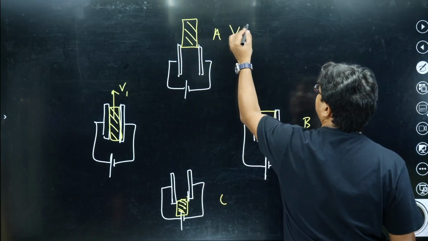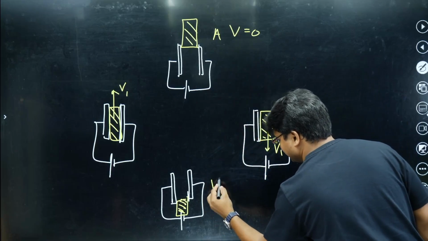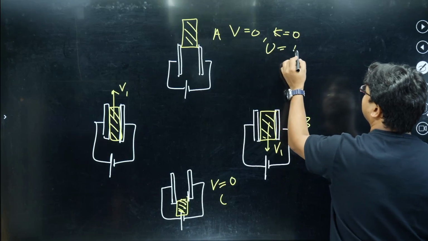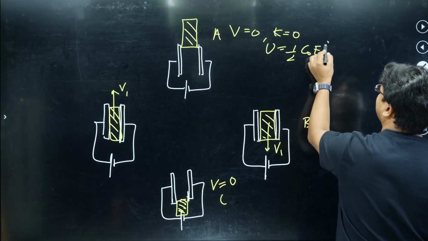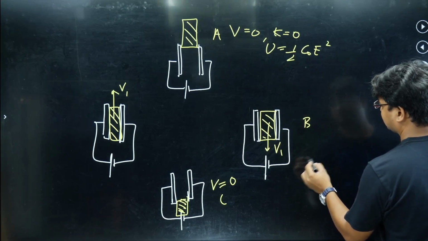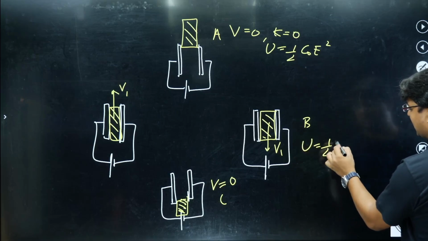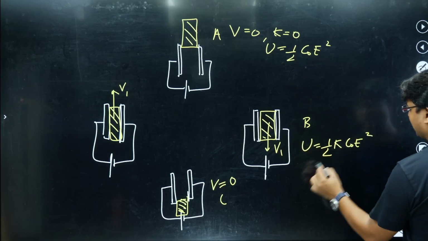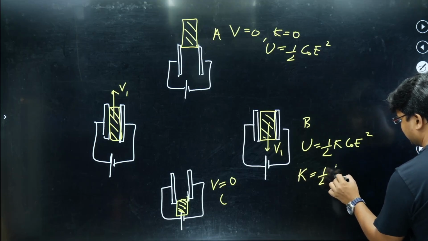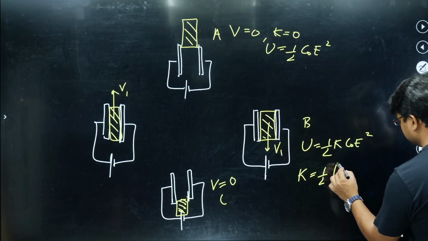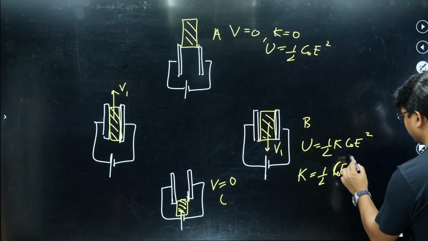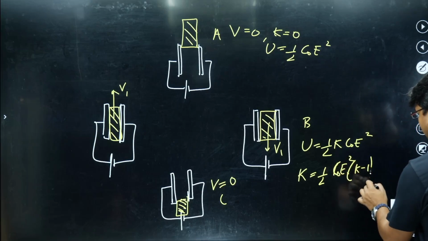Here speed is 0, here speed is 0, which means here kinetic energy is 0 and potential energy is half C naught E square. Here potential energy is half K C naught E square, and the kinetic energy is half C naught E square into (K minus 1).